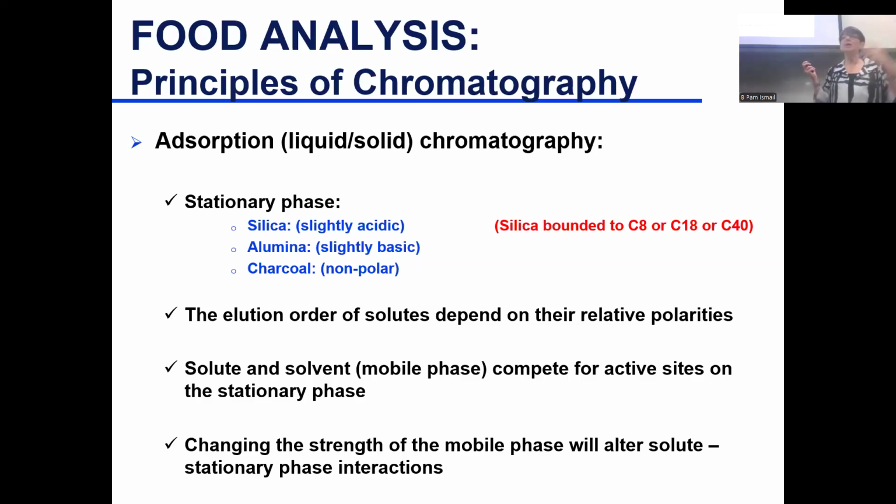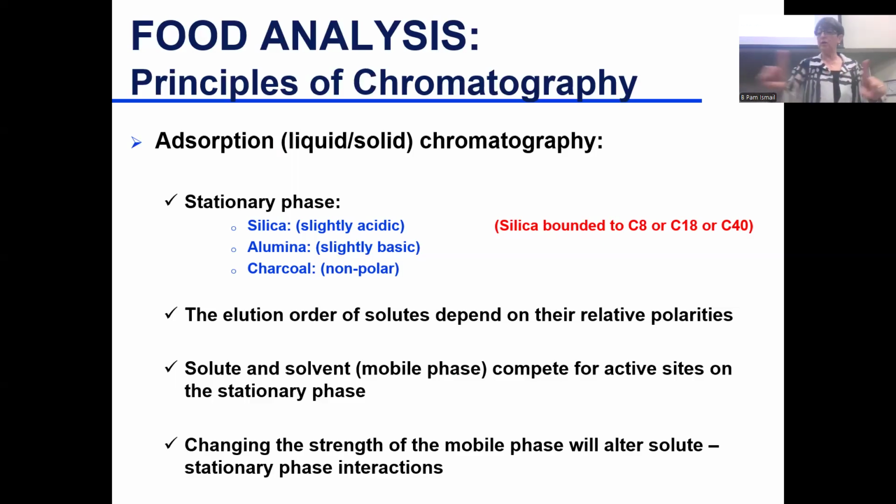For example, in the caffeine lab, we use C18 column. So alkaloids like caffeine interact very nicely with the C18 column for stationary phase. However, if we want to separate carotenoids, they want stronger hydrophobic interactions. So we use C40 usually for carotenoids.